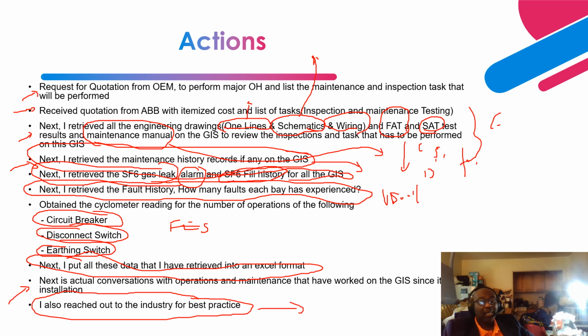The other caveat is that you're trying to save cost, because there are a total of 10 GIS. If we have to go with exactly what the OEM says, and definitely we will stagger this major maintenance or overhaul, you're talking about quite over $1 million in maintenance and operation costs.